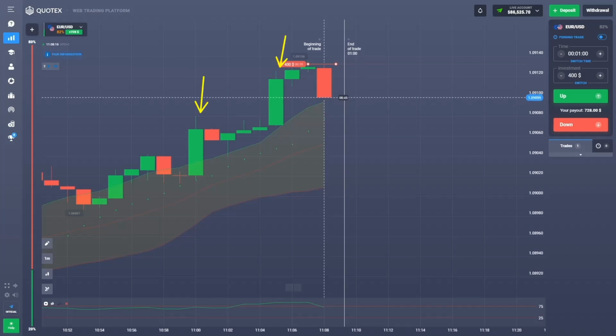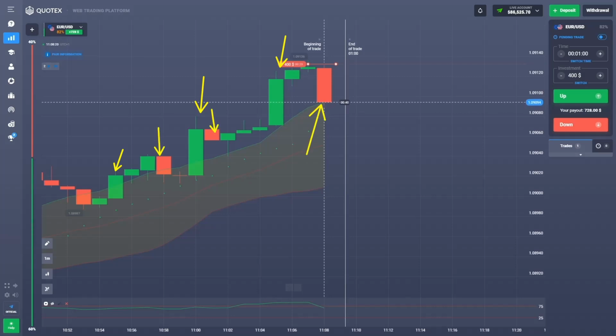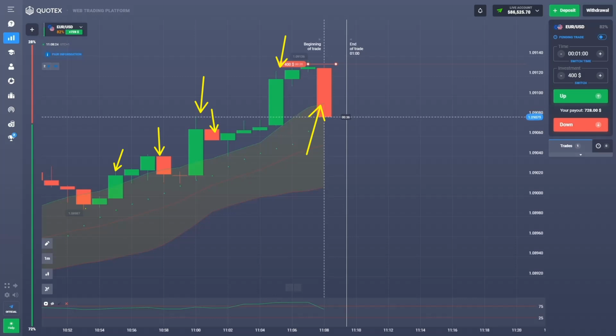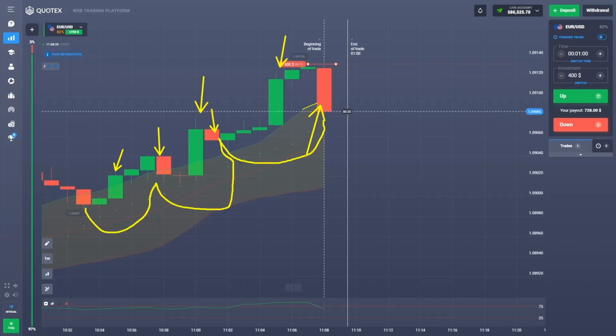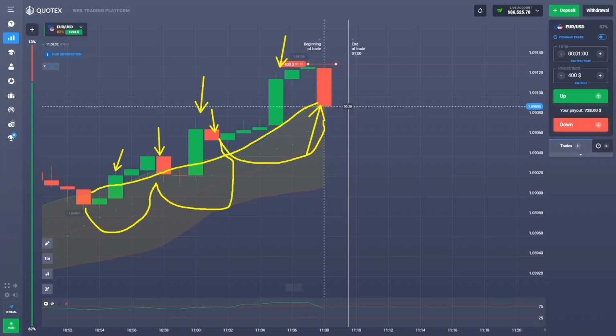This one, this one. See, as predicted, same thing as predicted. This one and this one. Look, the Bollinger Bands. Look at the side, something here.